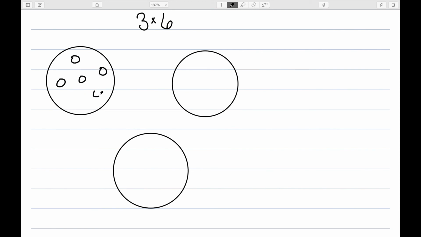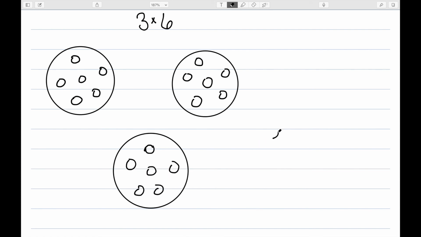Here are 6 cookies on this plate, and each one should be the same, since these are equal groups. So if I have 3 groups, and each one of these groups has 6, how many do we have in total? And the answer would be that we have 18 cookies in total.